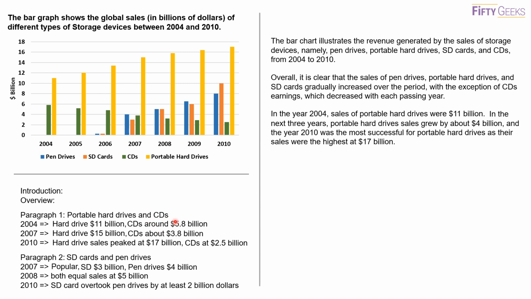After that, I will write about CDs. Here, CD sales were $5.8 billion in 2004, $3.8 billion in 2007, and $2.5 billion in 2010. I will write, in contrast, CDs earned slightly less than $6 billion in 2004, whereas CD sales fell by $2 billion over the following 3 years.